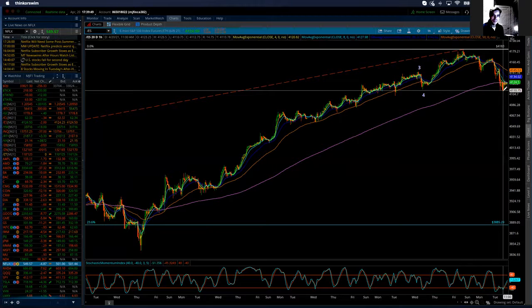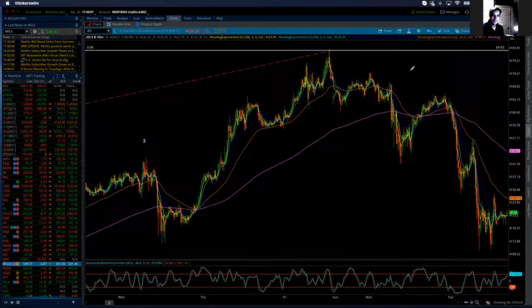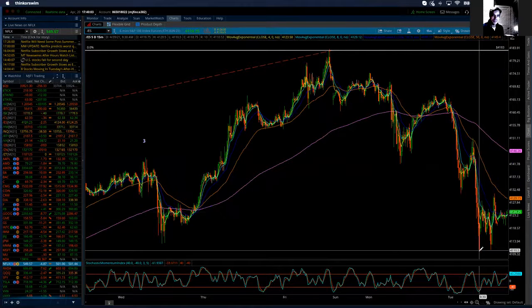That's really not much for the degree that it needs to correct. So we're going to have to continue to let this unfold. But initially for tomorrow, what I would be looking for is an additional new low below this, followed by an additional rally.